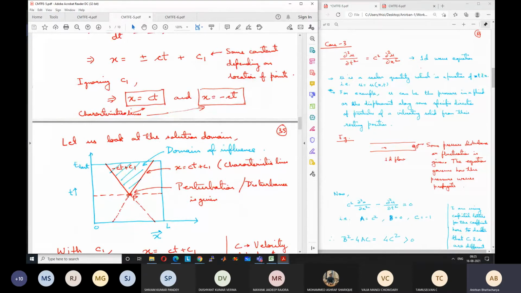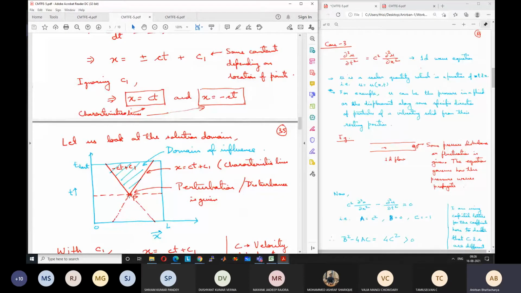What is the difference between this problem and the elliptic problem? Let us try to understand. Say at a certain time t equal to some value, at this point denoted by the dashed line, we give a perturbation, meaning a pressure fluctuation. Now, how fast will the pressure fluctuation propagate in the fluid in both directions?